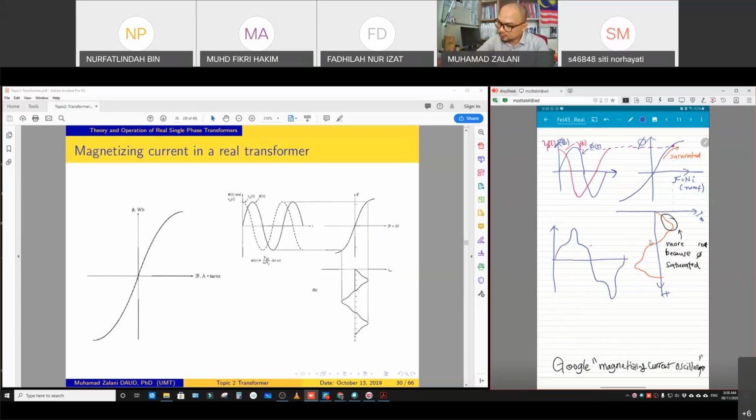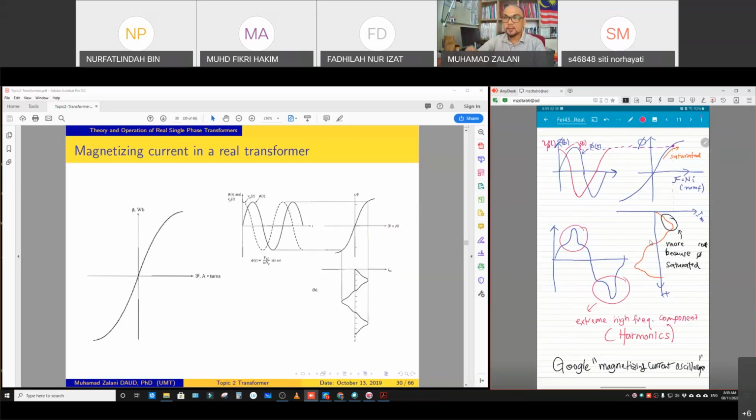It has some extremely high frequency components, which are harmonics of the third order, fifth order.